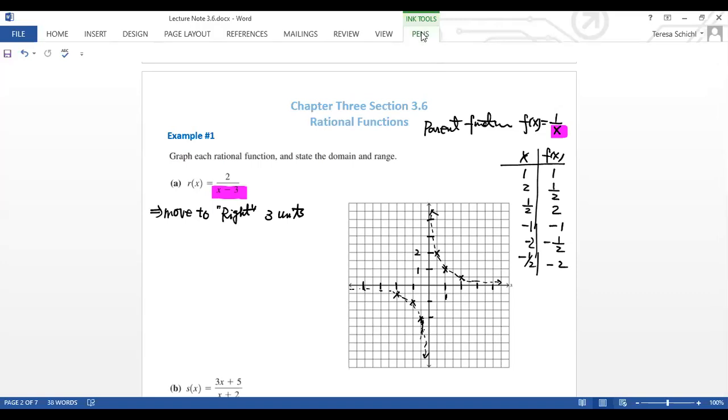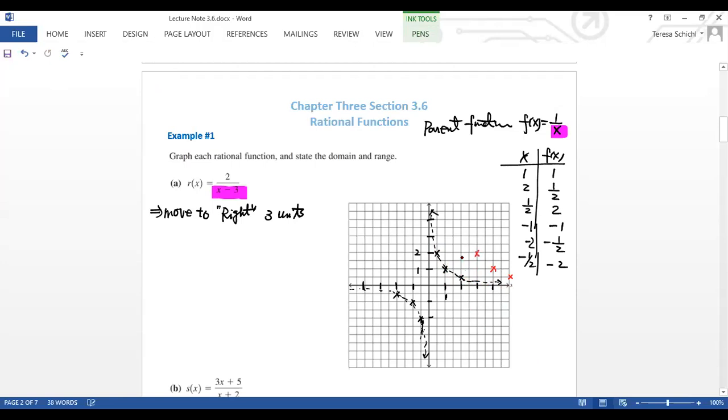Let's use red. The 1 is going to move 3 units: 1, 2, 3. So 1 moves to here. These numbers are going to move 3 units as well: 1, 2, 3, so it moves to here. And this number also moves 3 units: 1, 2, 3.